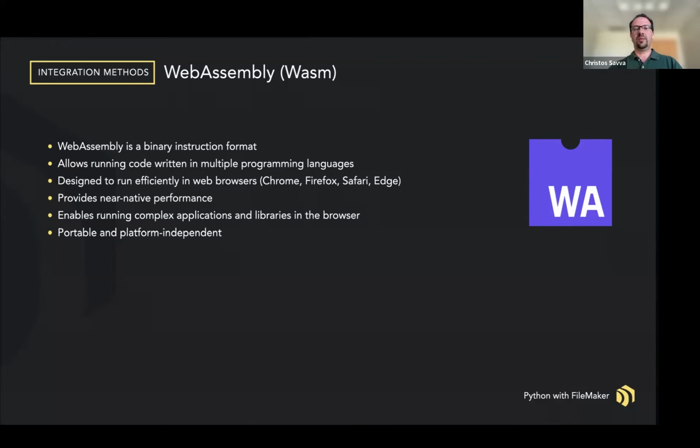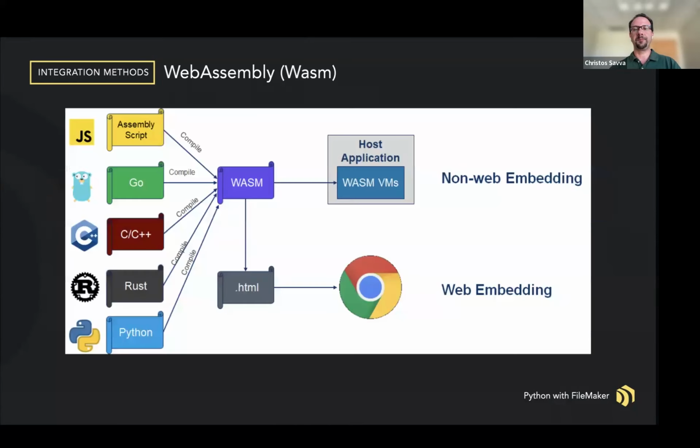All modern browsers are supported. It provides near native performance, and you can actually run pretty complex applications and libraries directly through the browser. The good thing about WebAssembly is that it's portable and doesn't rely on the platform either.